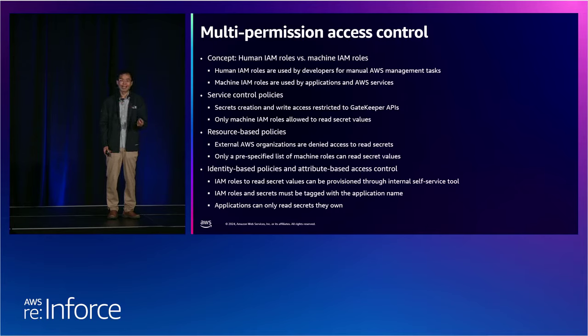Of course, we allow exceptions, which is the reason we put this on the resource policy at the secret level, because we know there will be cases where a Capital One partner wants to read a secret owned by Capital One. So for that secret, we say it's okay to be read by some other AWS organization.